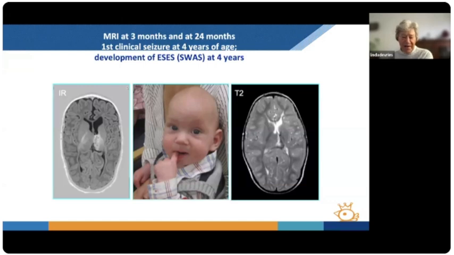And that's not a very nice type of epilepsy, which results in cognitive decline and is difficult to treat with prednisone and clobazam, but that's not always recovering from this ESES or SWAS.